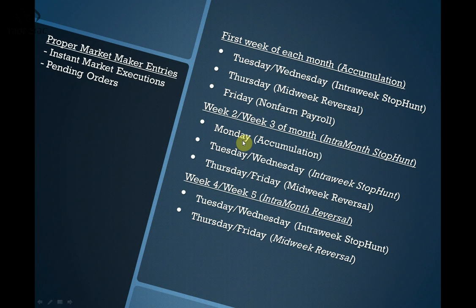Week two, week three, Monday is the accumulation phase, so you might expect to get an entry there. Given that we have some kind of confluences in one area, then we might be able to take a position. It's not that we don't trade Mondays. We only trade on Monday if there is maybe a high probability setup occurring on one pair or another. Yeah, that's it.